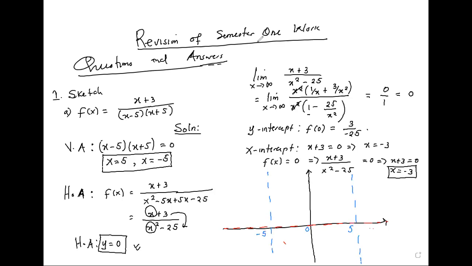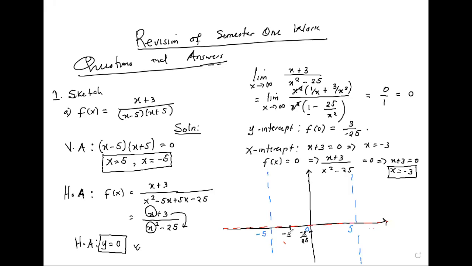Remember, the y-intercept is negative 3 over 25, somewhere close here. Then the x-intercept is x is equal to negative 3, somewhere here.